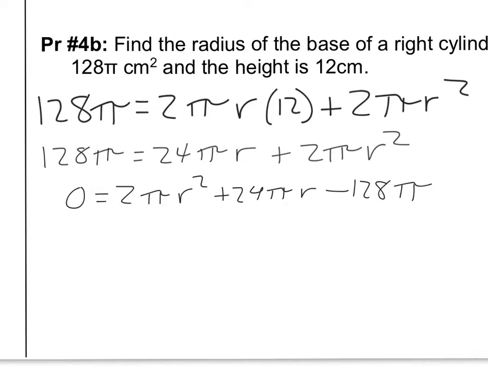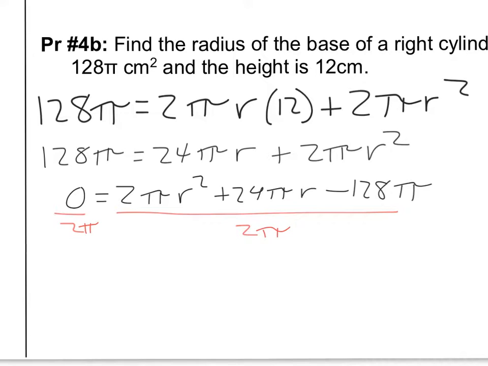Now, this is a pretty gnarly equation because you got all these pi's in there, you got these big numbers. However, I remember telling you as well that if you have a number you could take out of everything, do that first. For example, we could divide this whole side by 2, and then we could take out the 2 from each of these because all these numbers are divisible by 2. We can also divide everything by pi because there's a pi in everything.